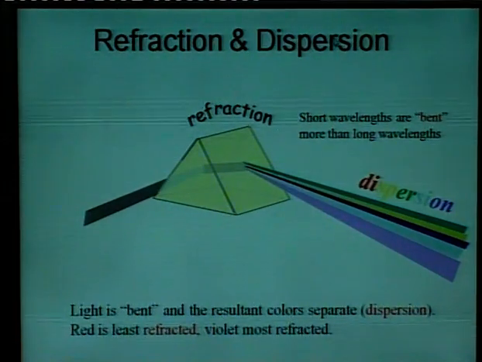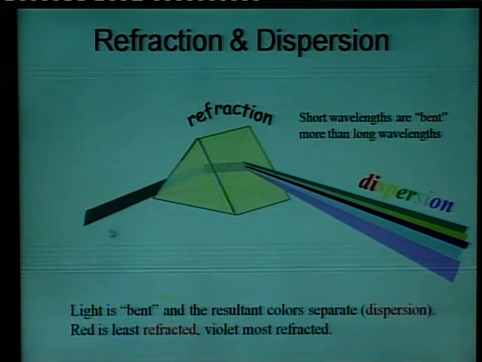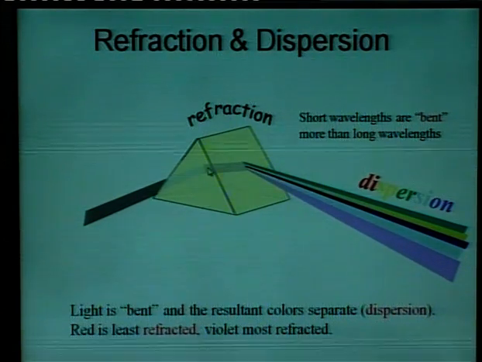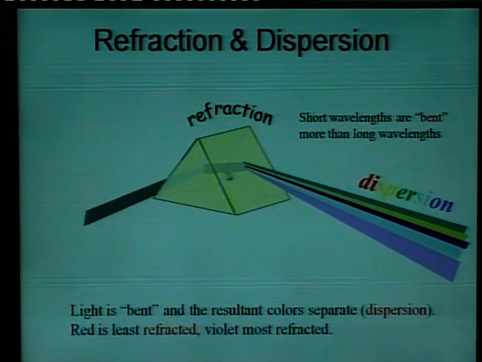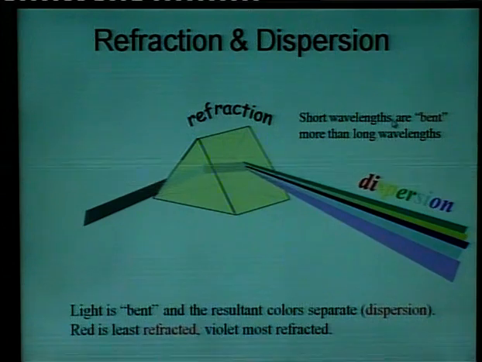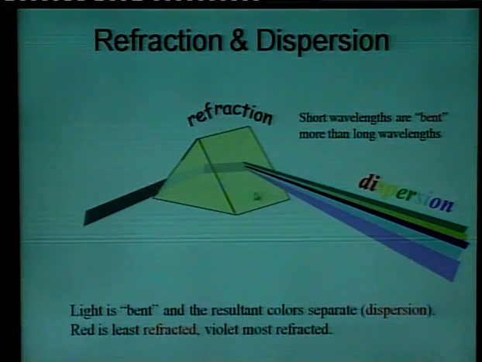So now another phenomenon is dispersion. Dispersion is the result of refraction only. When light enters a prism, the 7 colors of light have different wavelengths, so they suffer different refraction. As we have seen in the previous slide, refraction depends upon the wavelength also.